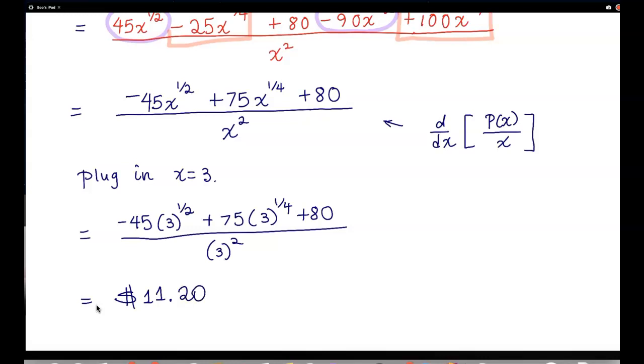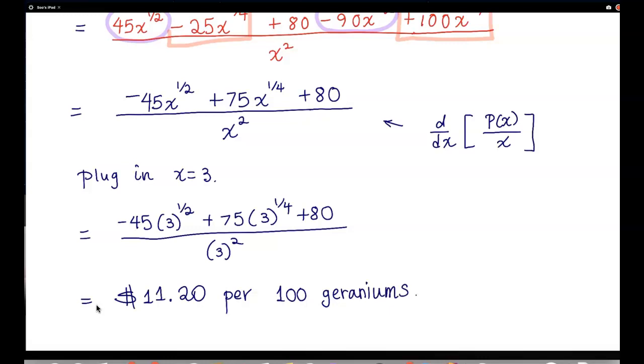And this is how fast their average profit is changing at the moment they are growing and selling 300 geraniums. So I need to make sure the unit is right. $11.20 per, and their unit was 100 geraniums, right? Per 100 geraniums. So at least their average profit was negative, but it is growing.